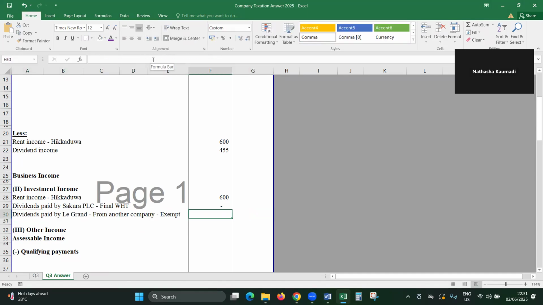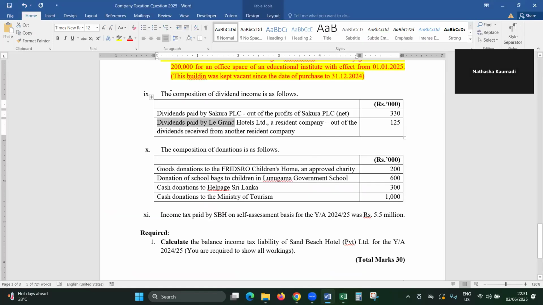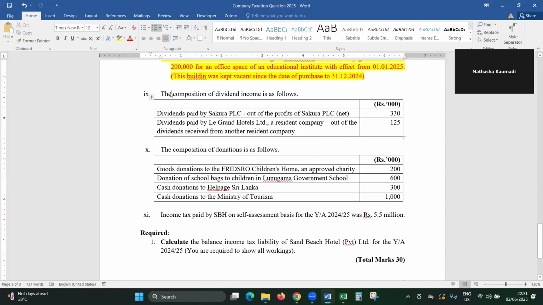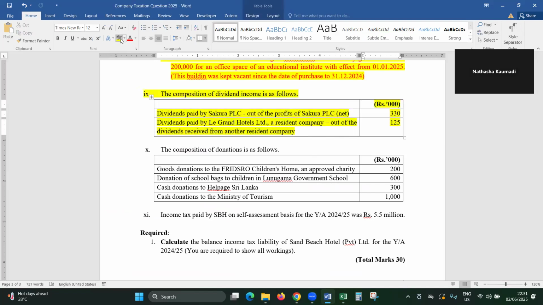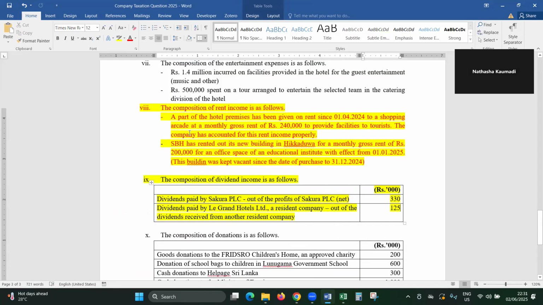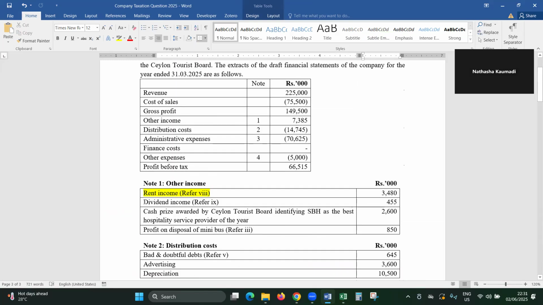So that's why you are not taking any amount here again. That is about the dividends. So you have removed dividends from business income and you have put the correct amount in the investment income. Right. Going back to the notes, dividend income is also done.